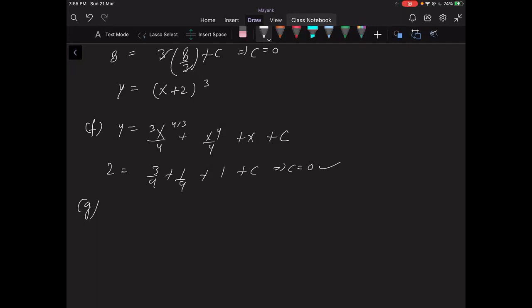So for G part, I'm getting C equals 2. Let's see.